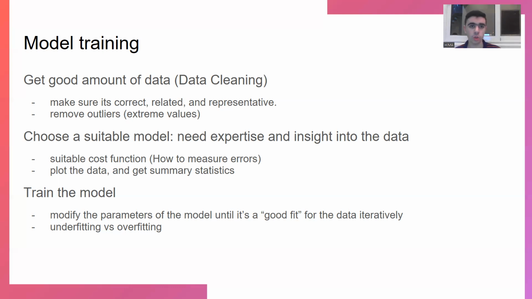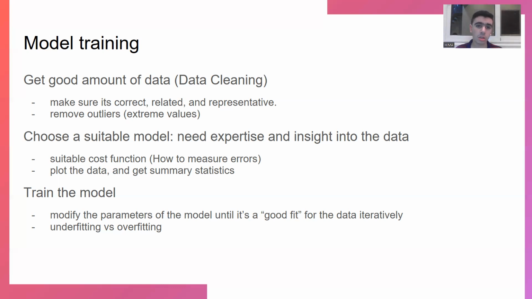Then choose a suitable model, which actually needs expertise. So for example, in the last slide, we saw linear models, logistic models, SVMs, and there are also non-linear models like what we will see in later sessions in deep learning. All of them are different kinds of models that we will choose depending on the situation.